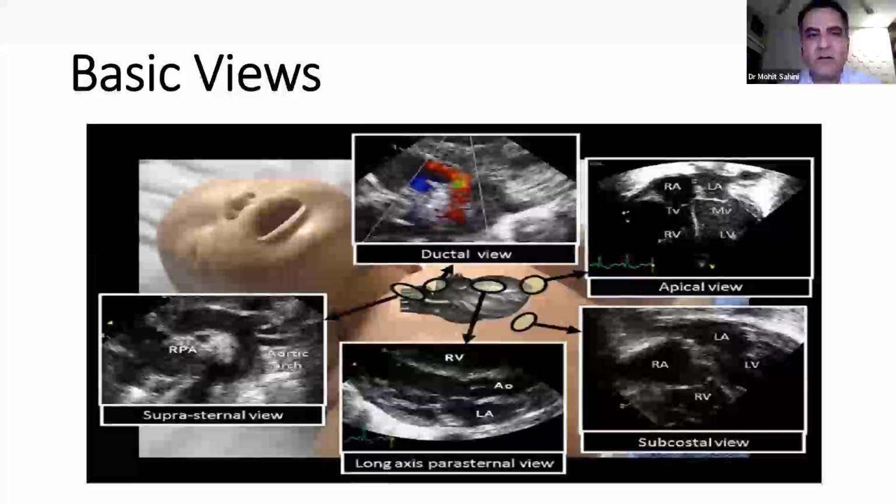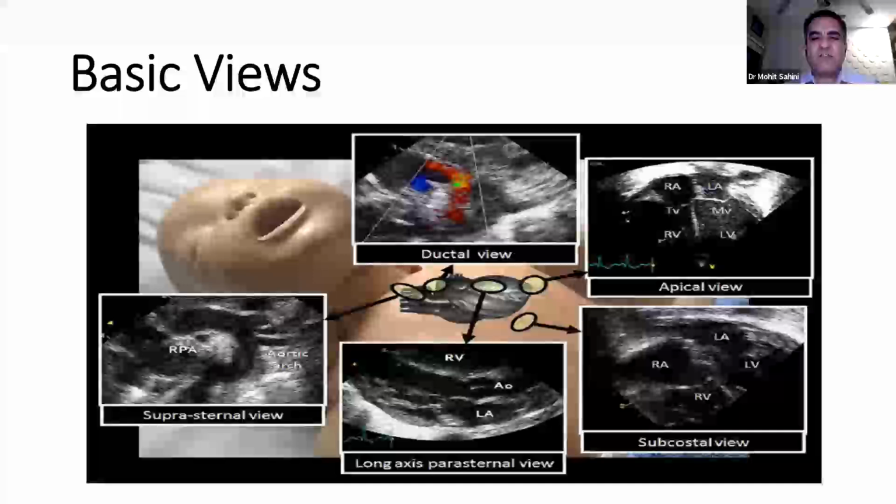You must be seeing various views. All these views, we take from the windows on the baby's chest. That's why we have been talking about the phased array probe: the footprint is small, and the ribs are there.